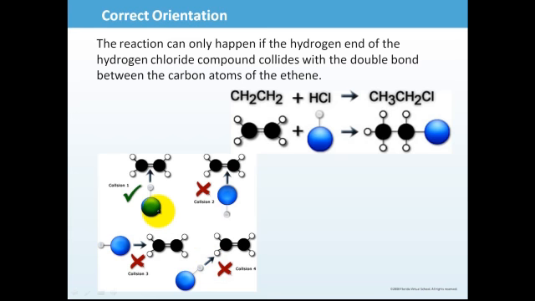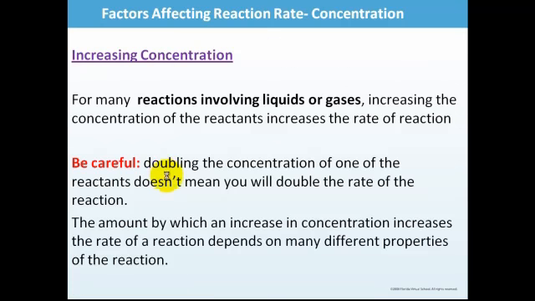The only one that gives us a successful situation is when the hydrogen, the smaller atom, collides with the double bond. So you can see here, just in this illustration, we have 1 out of 4 that are going to be successful collisions for us. So that, again, is going to give us basically a probability of how many successful collisions overall we're going to have. So not only do they have to have enough energy, but the molecules have to be lined up properly for that reaction to occur.